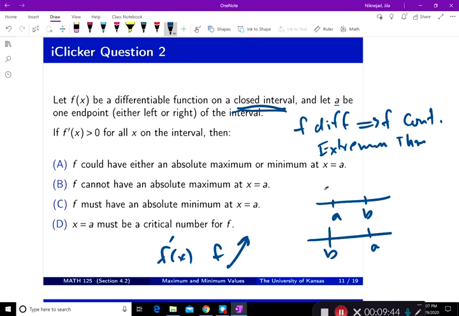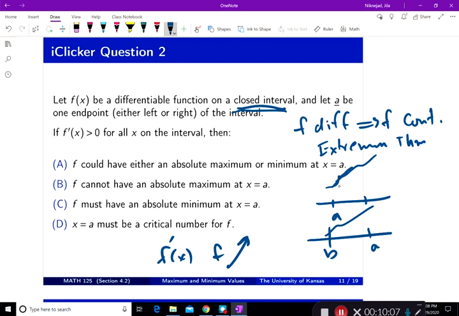So however f is behaving, it's going up always. Approximately, and this one should be a little smoother. I don't know how it's going up, but it's going up.